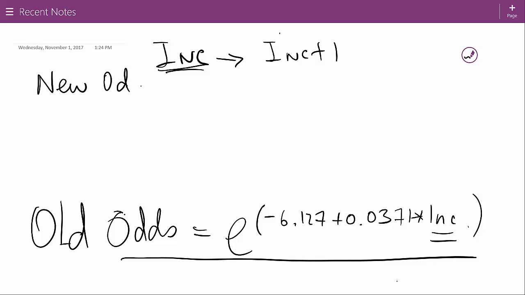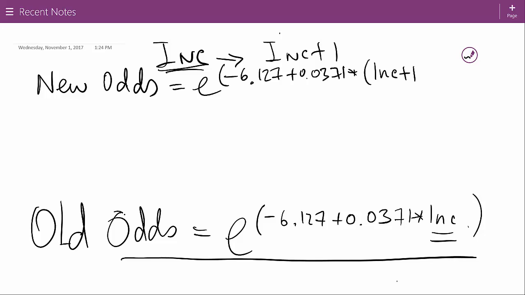New odds are equal to, all I have to do is replace inc with inc plus 1. And that's it. So e to the power minus 6.127 plus 0.0371 times, and here is the creative part, income becomes income plus 1.